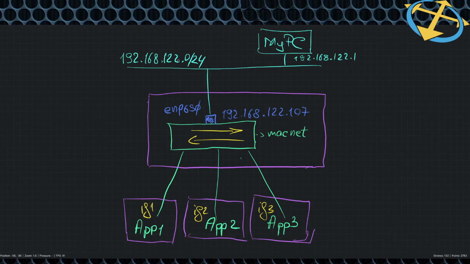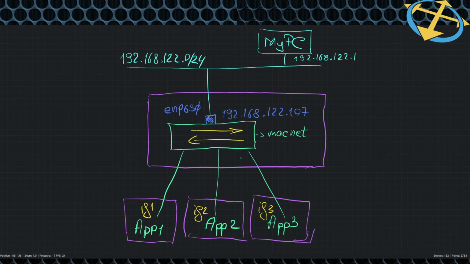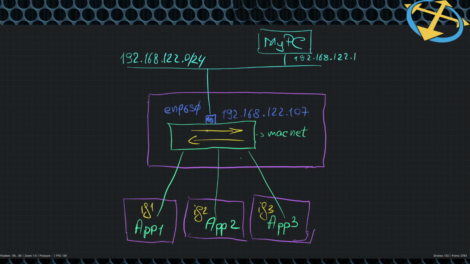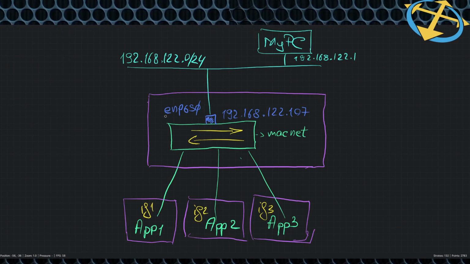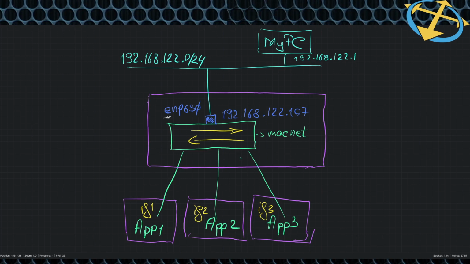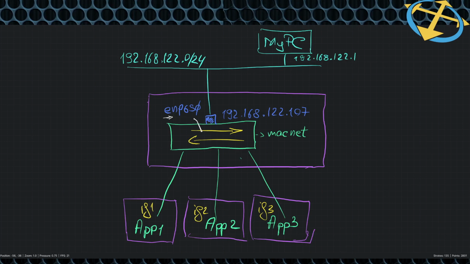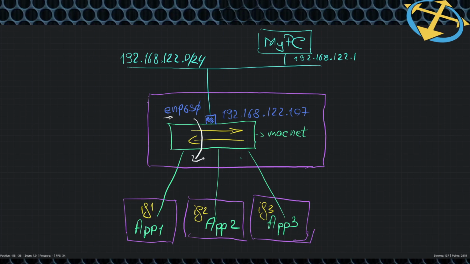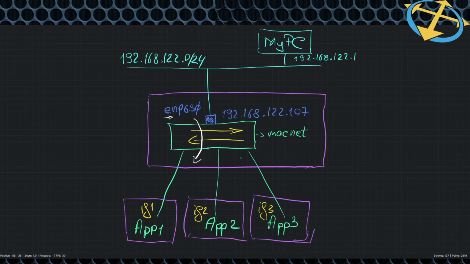So whenever frames from the physical network are reaching this interface for other destination MAC addresses other than itself, it will accept them and forward them to the specific port that has that MAC address.